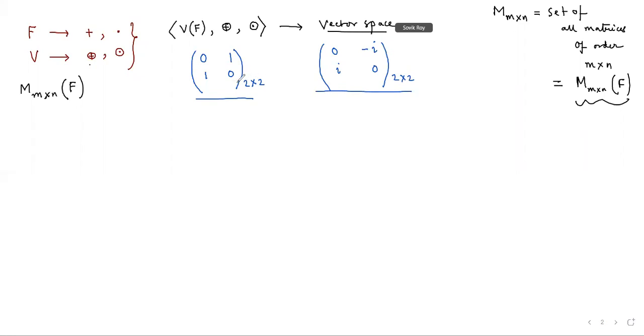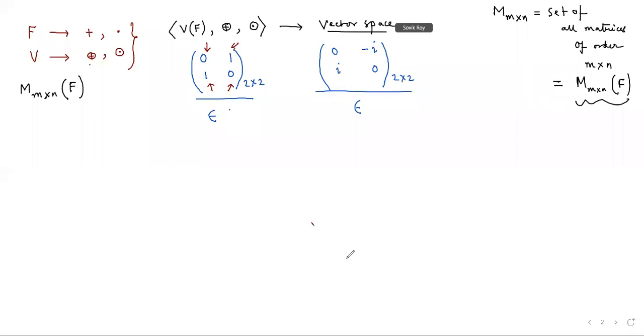Why? Because this matrix belongs to a different vector space than this matrix. Why is it so? Because just look at the elements here, 0, 1, 1, 0. You can consider these elements to be real numbers, because 0 and 1 are real numbers.